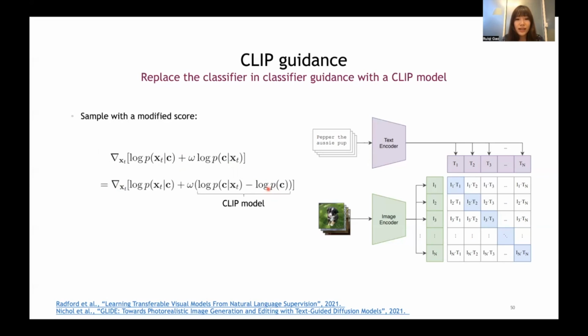Then we can see that these two terms together can be modeled by a CLIP model. So we basically replace this part by the dot product between f(x) and g(c). That is the CLIP guidance. However, in GLIDE, they show that the CLIP guidance is less favored compared to the classifier-free guidance.